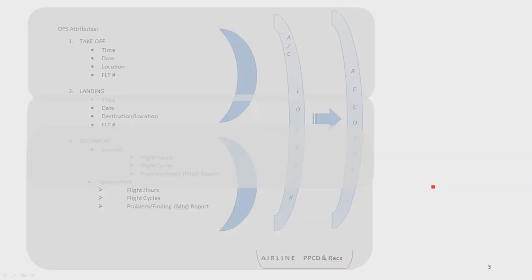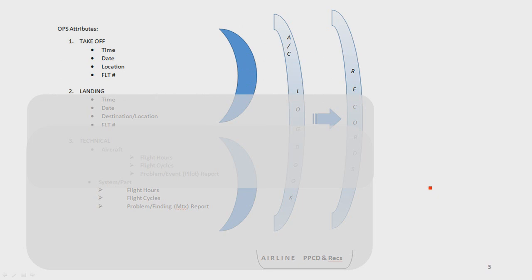Now, we took the aircraft, we are flying, everything is okay. What information are we recording? Yes, operational attributes. You remember this New York to Paris flight? We took off at 10 o'clock in the morning and landed at 1800.